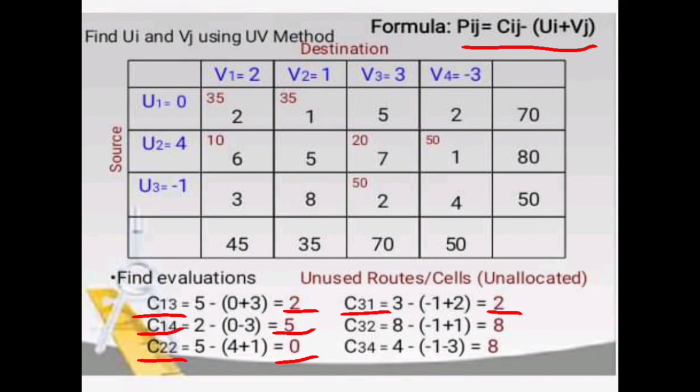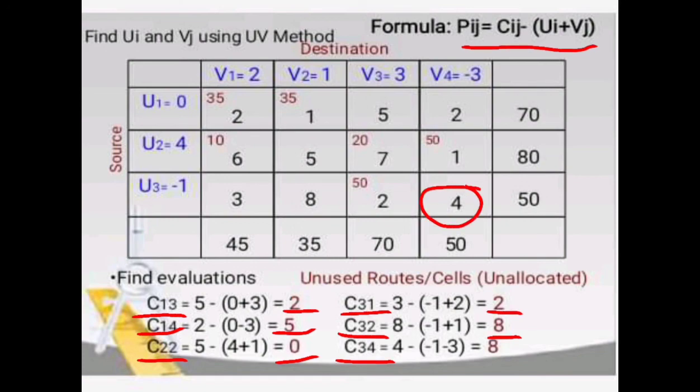If we calculate, we can come up with the answer of 2. Next is C32, row 3 and column 2. In column 2 we have 8, the C_ij, minus U_i plus V_j. So we have U_i -1, and V2 is 1. If we calculate, we can come up with the answer of 8. And lastly, row 3 and column 4.